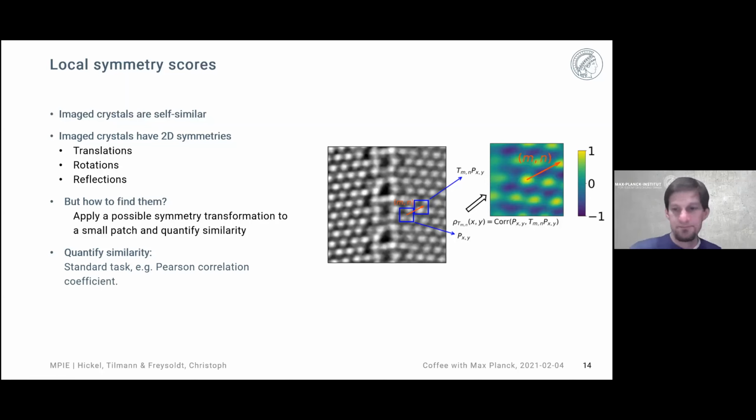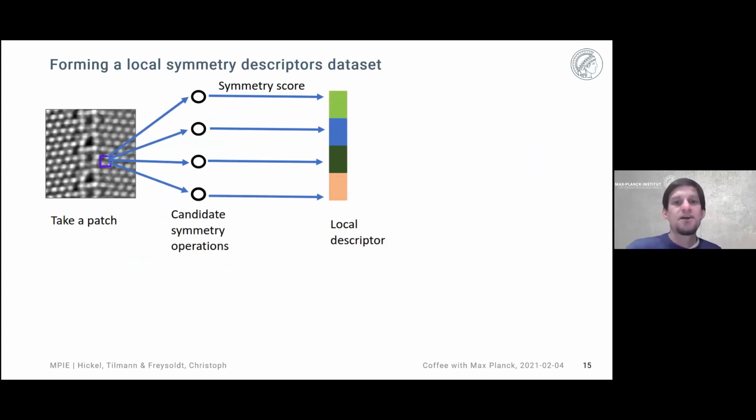Now, once you have identified for a single patch what the local symmetries are, you basically build up a local descriptor for one patch by trying out many different possible candidate symmetries. And in this way, you get basically a vector of descriptors for a single point, or actually a single patch in your image.